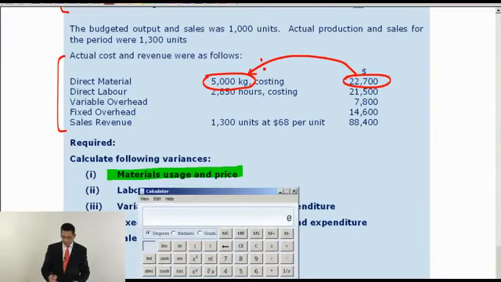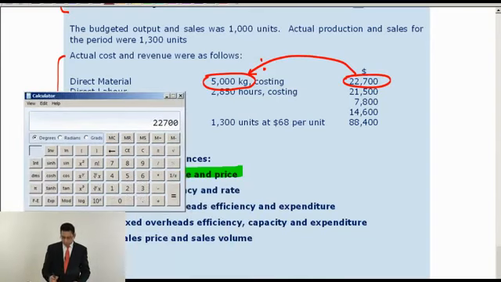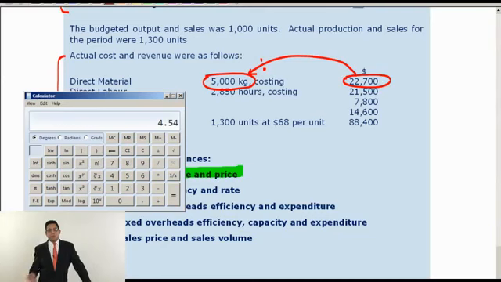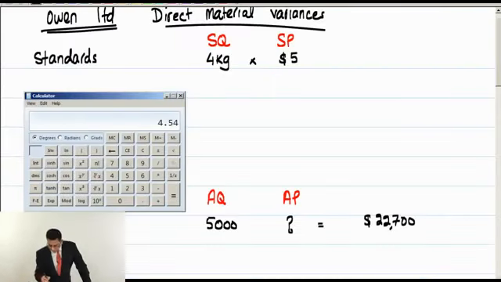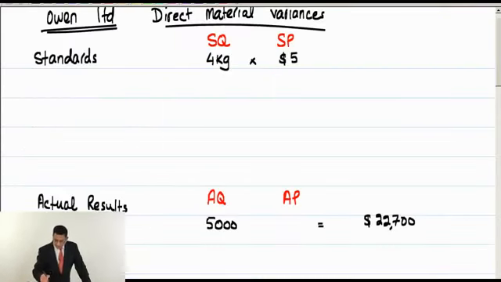The $22,700 was the cost of using 5,000 kilos and the price comes to 4.54. So if it's not given, we can work this out as well. Mostly it is given. If it's not given, we can find it out, especially in multiple choice questions.